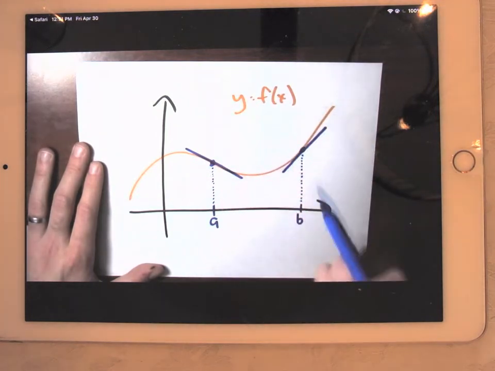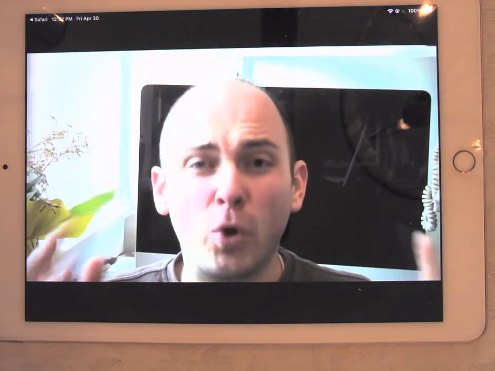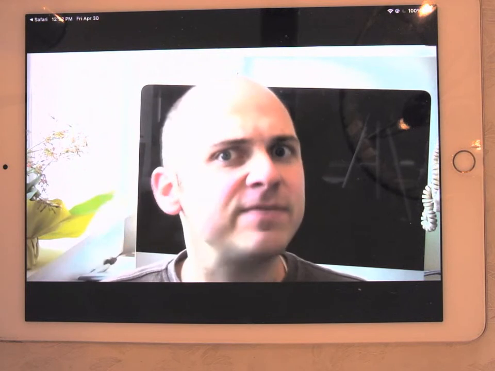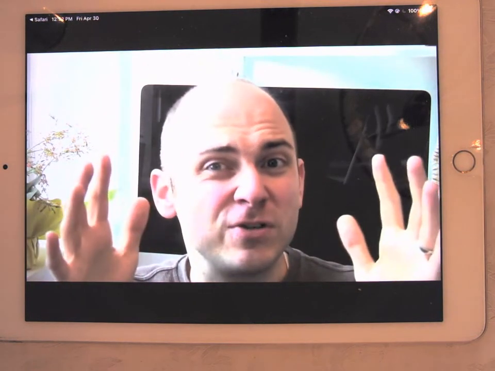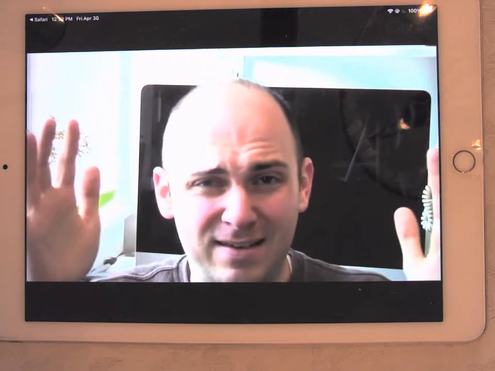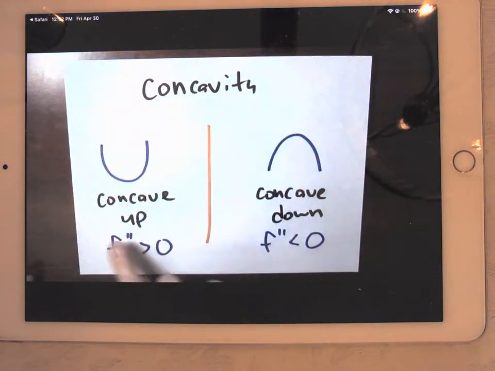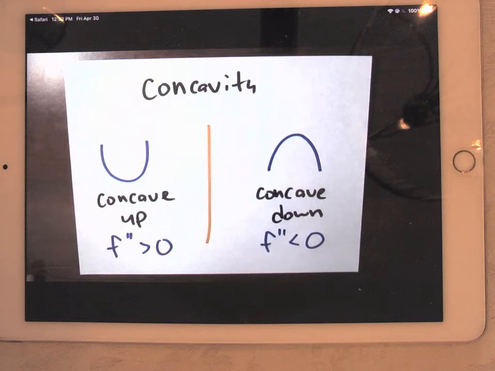What is the sign of the second derivative really encoding? Maybe we don't have such a good word for it, so we'll just make up a new word. The sign of the second derivative measures concavity. The word's concavity, and here's the two possibilities. Concave up, where the second derivative is positive, and concave down, where the second derivative is negative.